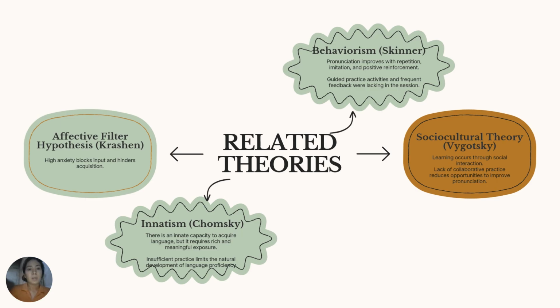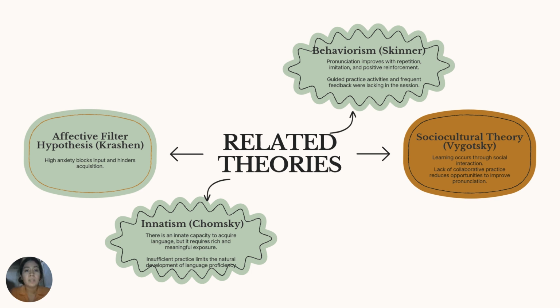We have some theories to analyze according to the problem, and the first one is the behaviorist theory by Skinner. Pronunciation improves with repetition, imitation, and positive reinforcement. It means that we need guided practice activities and frequent feedback, like in the session.